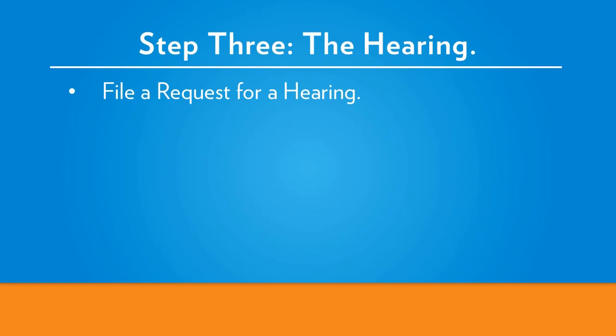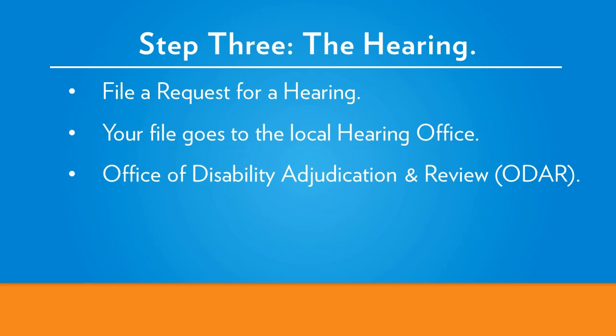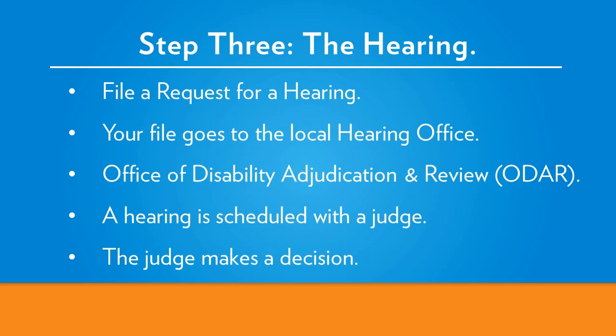Next is the hearing stage. Once you have filed your request for a hearing, your file is then sent to the local hearing office, which is called the Office of Disability Adjudication and Review, ODAR. After several months, a hearing is scheduled and you'll need to appear before an administrative law judge.